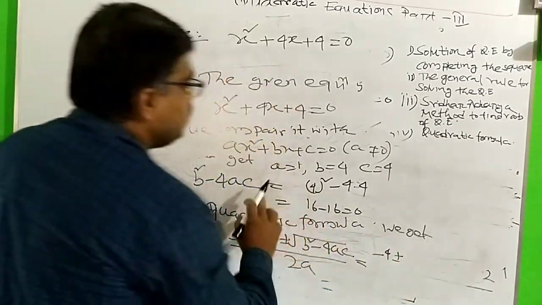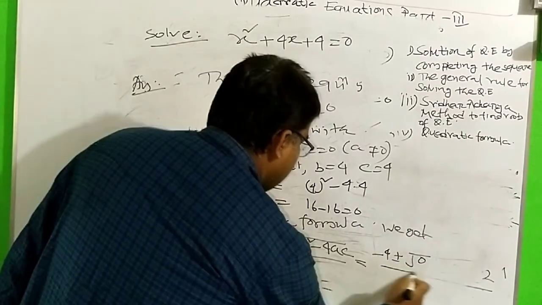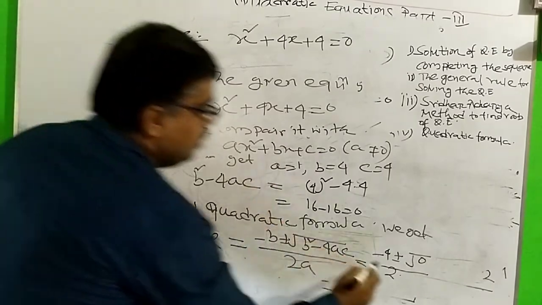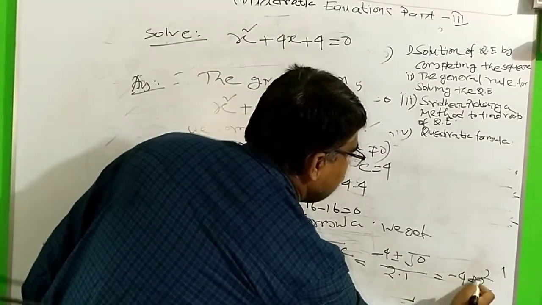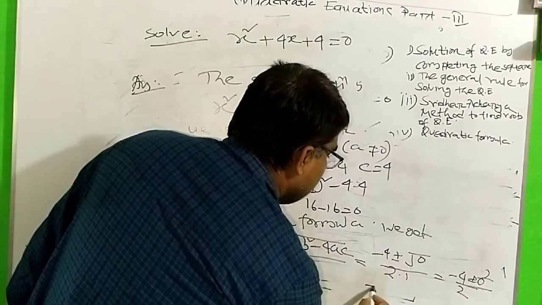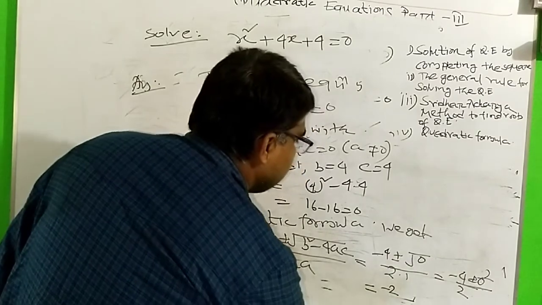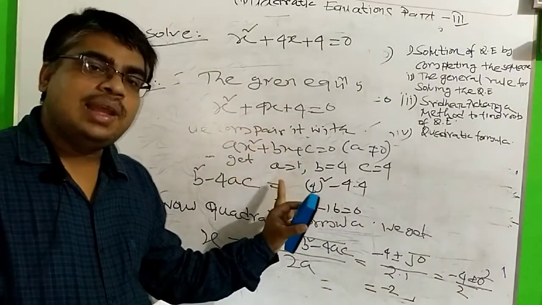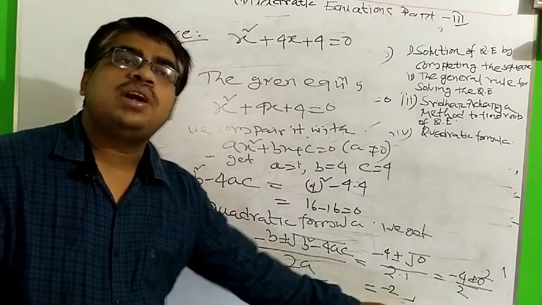The value of b square minus 4ac is equal to 0, root over 0, by 2 into a, means 1, equal to minus 4 plus minus 0 by 2 equal to minus 2. Okay, so the given equation will have real roots. The value of real roots is minus 2, minus 2.